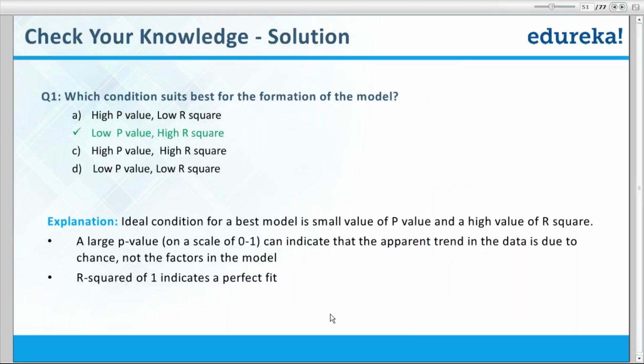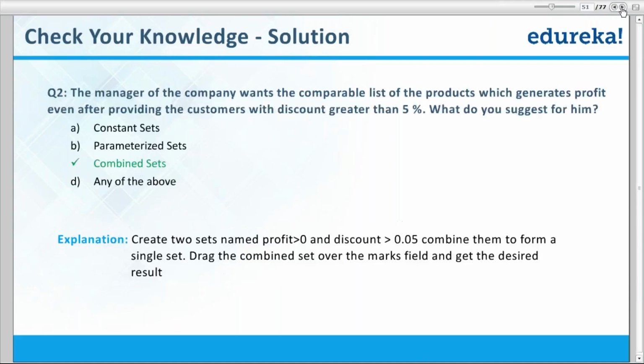For the first question, low p value, higher R square value. That's right. Large p value can indicate the apparent trend is due to chance. The R square indicates the fit, which basically tells you the strength of a line. And for this, the manager of a company wants a comparable list, discount greater than 5%. It is combined sets. We need to create a combined set here.